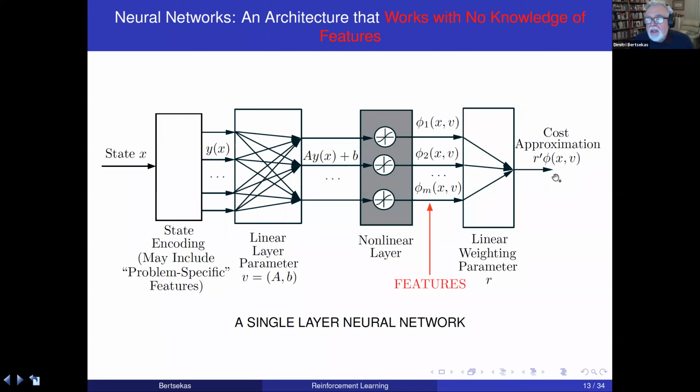So out here is the weighted sum of these nonlinear features, weighted by the components of the parameter R. And that's what the single layer neural network is. And that's how we use it for training. Now we're going to get back into this figure shortly, and I'm going to leave it here with just this introduction. So are there any questions before we go into the video?